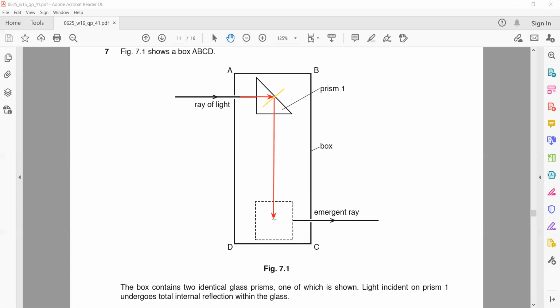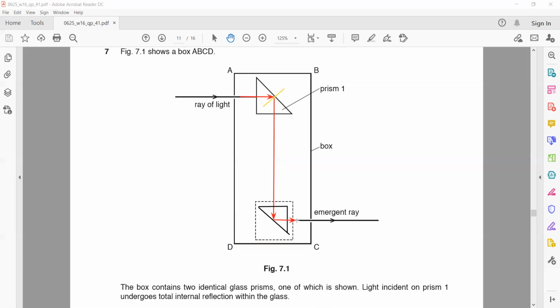Then there is another prism which we have to draw, and it will also undergo total internal reflection. So how is the second prism placed?